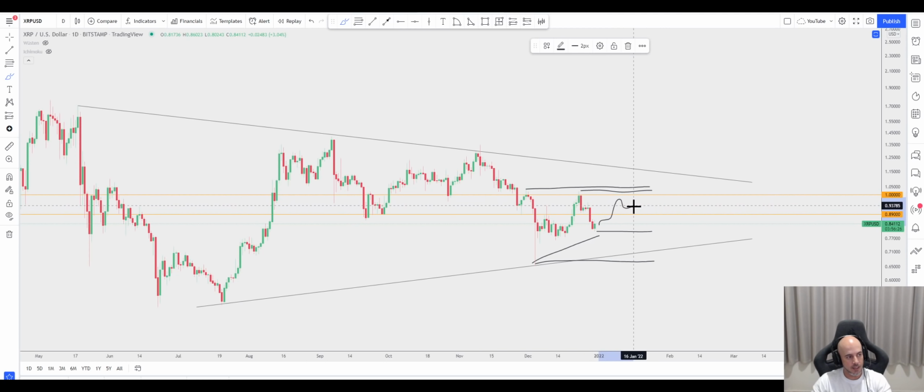XRP to play inside 1 and 89 again, probably below 1 and most likely above 89. If so, we end up with another bullish structure.